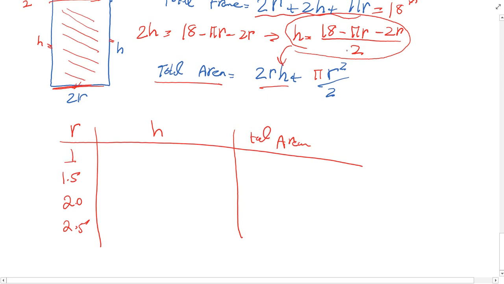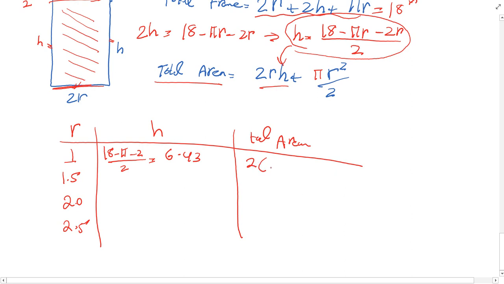If you plug in 1 into this equation, you get 18 minus pi minus 2, divided by 2. And if I do this calculation, I get 6.43.